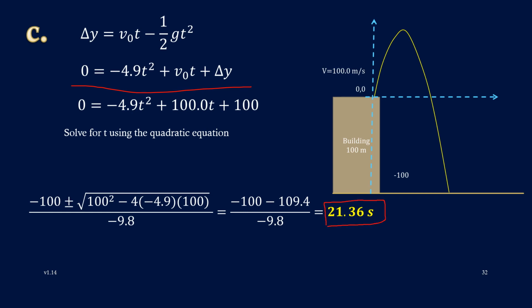Now that is from the time where the ball is launched right here, going all the way up and going all the way down. And the maximum height is just 510 meters plus 100 meters, the height of the building, which gives us an answer of 610 meters.